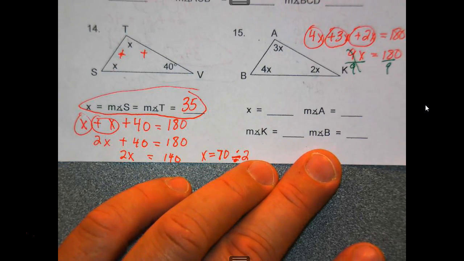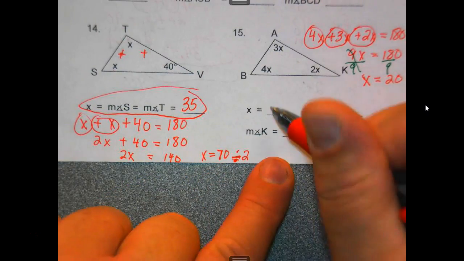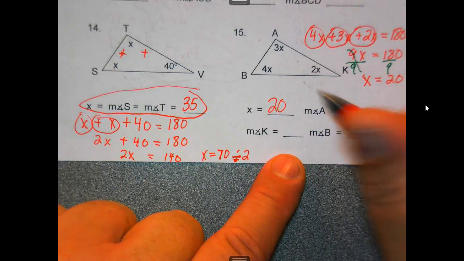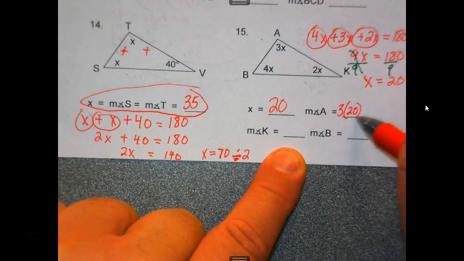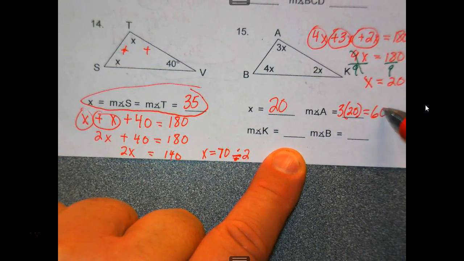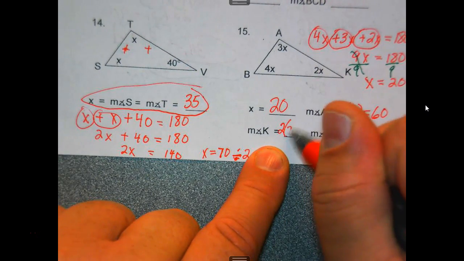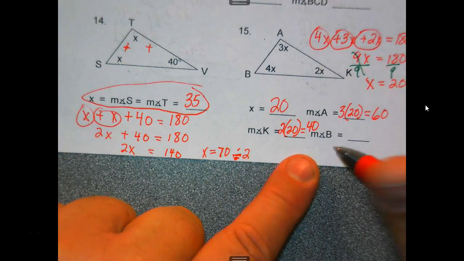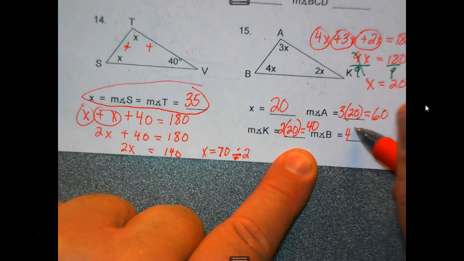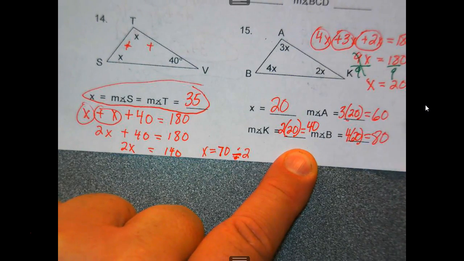So x is going to equal 20. A is 3 times x, which is 60. Angle K is 2 times x, so 2 times 20, which is 40. And then B is 4 times x, which is 80.